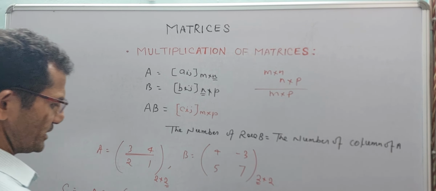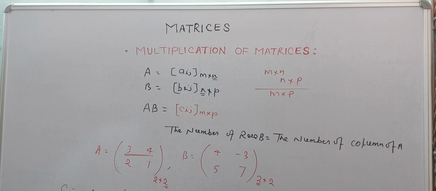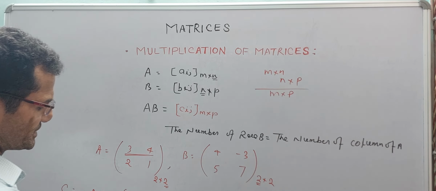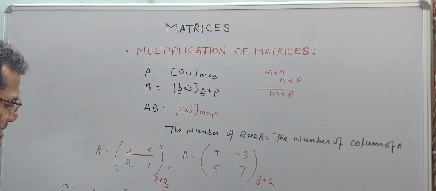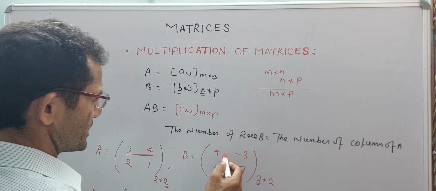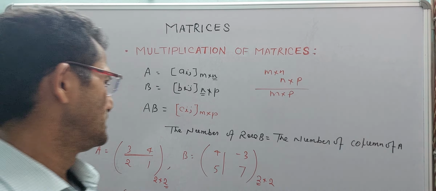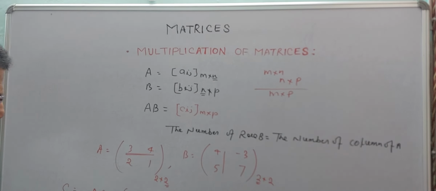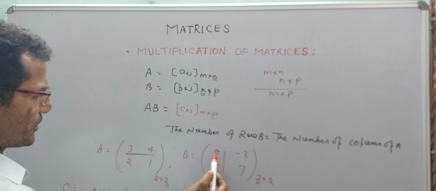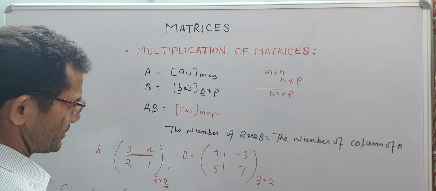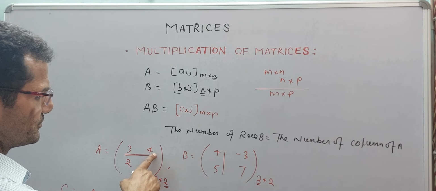How to calculate C11? We take the first row from matrix A and the first column from matrix B. The first row is multiplied with the first column of matrix B: we multiply the elements and then add them. So C11 is 3 cross 4 plus 4 cross 5.